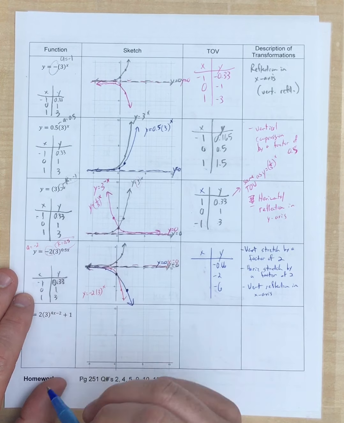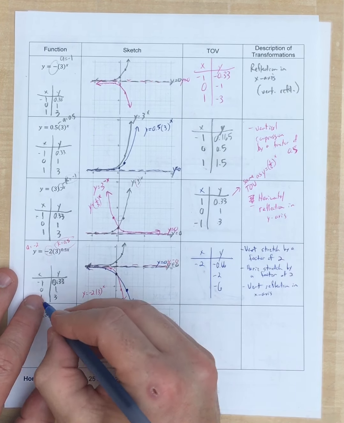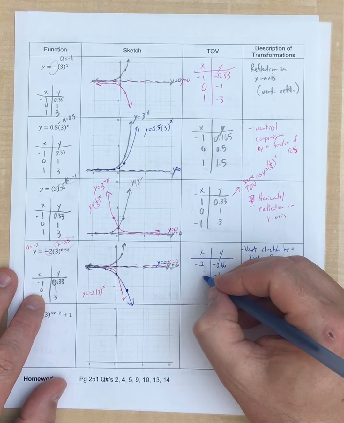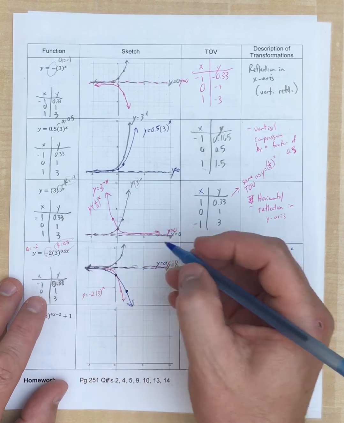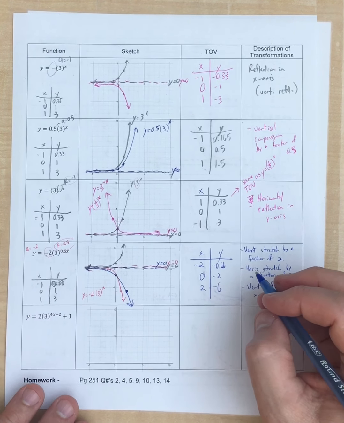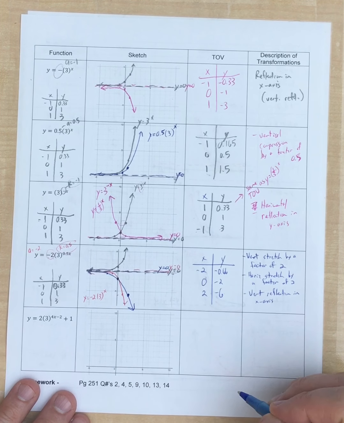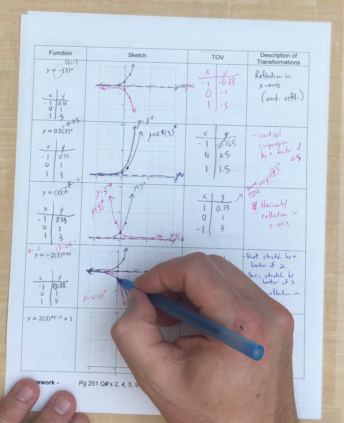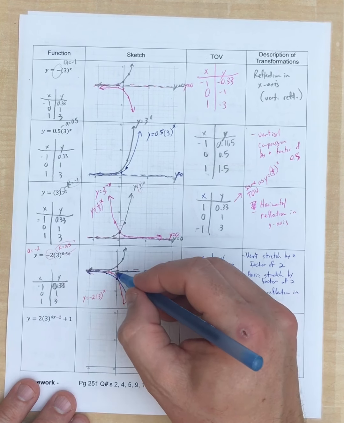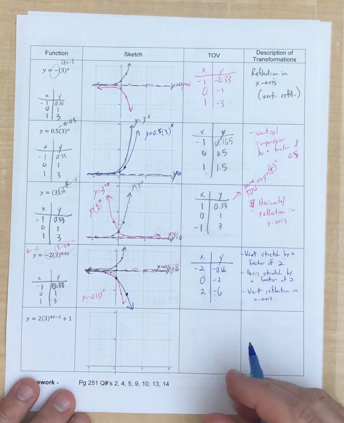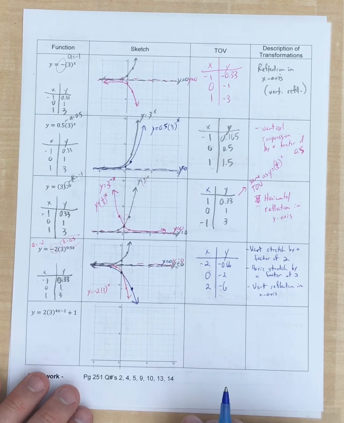So -1 divided by 0.5 becomes -2. 0 divided by 0.5 is going to be 0. And 1 divided by 0.5 is going to turn into 2. And as you see, 2, -6, 2, -6, there we go. 0, 2, 0, -2, there it is. And -2, and then 0.6. Well, we can guess that's about correct when we do that.